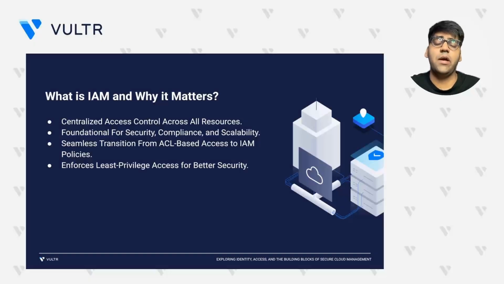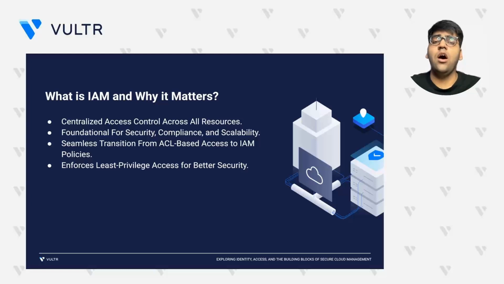Identity and Access Management, or IAM, is essentially a centralized way to control access across all cloud resources. With Vultr IAM, you're not just assigning permissions randomly, you're building a structured system that supports security, compliance, and scalability as your environment grows.